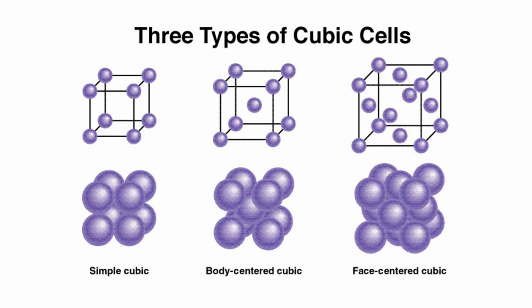And we'll look at several of the characteristics of these. I've also posted a couple of animated videos that allow you to visualize the stacking pattern in these cubic cells. So please take a look at those.